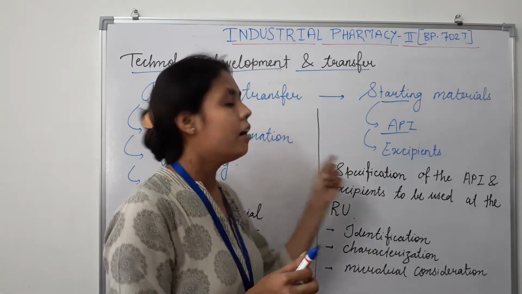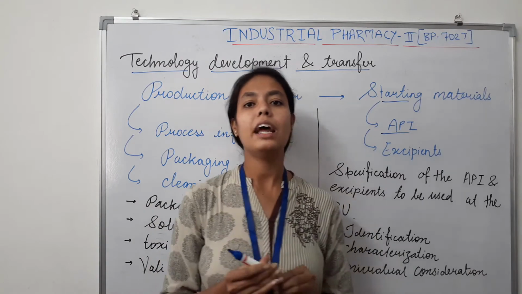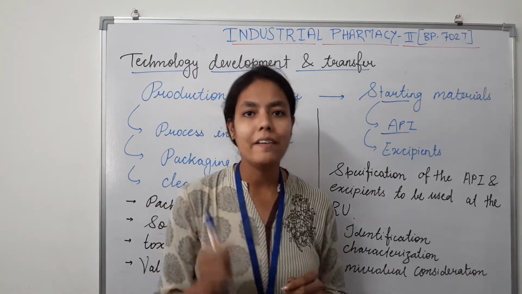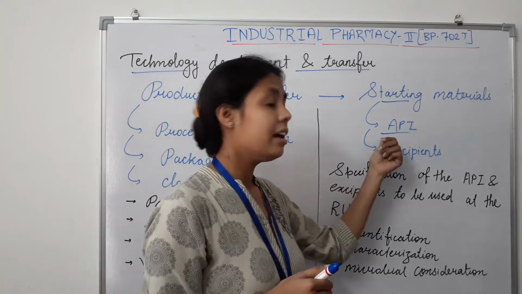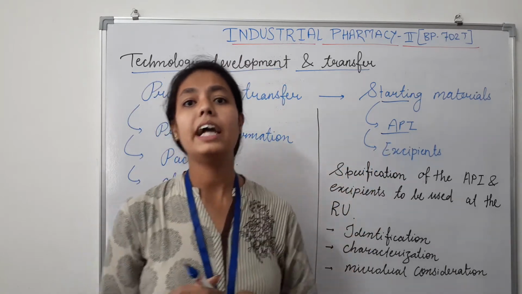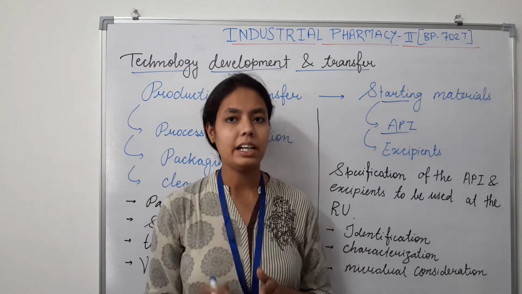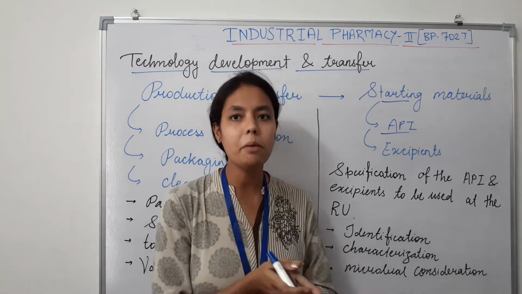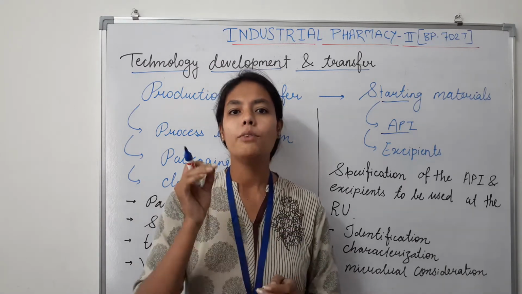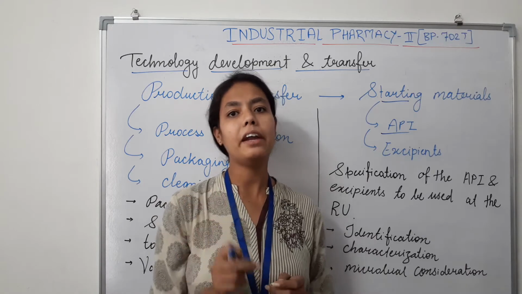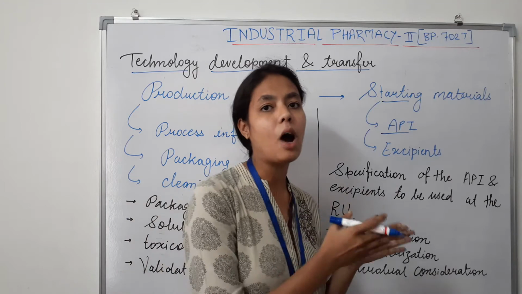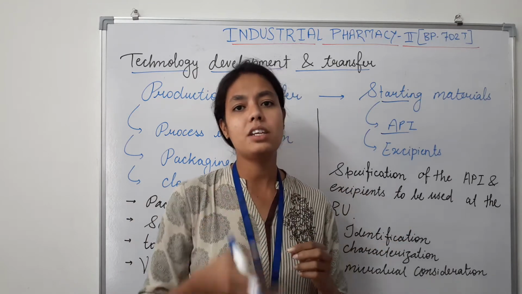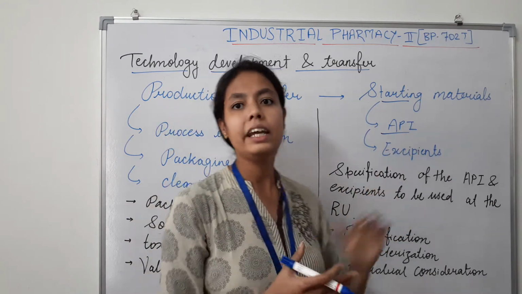After that, various specifications and justification for the release and end of shelf life profile in case of API. After that, a summary of stability studies conducted in conformity with the current guidelines, which includes the conclusion and recommendation on retest date. That means after how much period the retesting will be performed for the API.